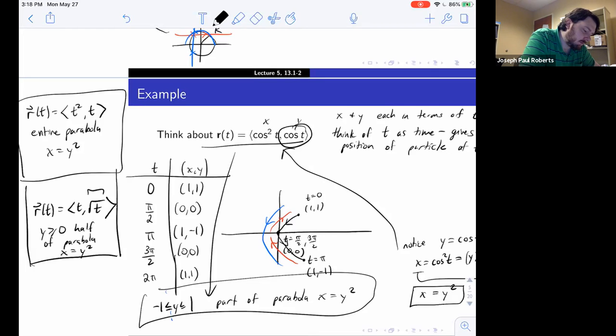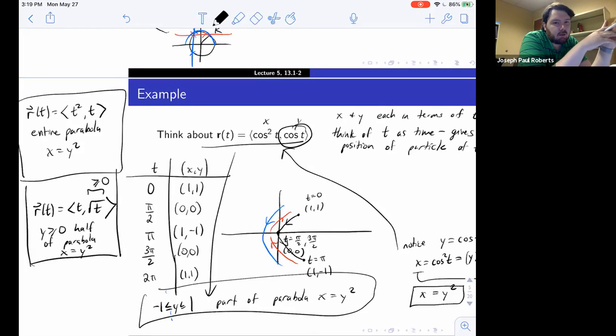Because the square root of t is always giving us the non-negative square root. And so this ties back to what I mentioned in recitation on Wednesday of last week, recitation 1 of week 2, that you can have different parametric equations that give you the same line. That's what I mentioned last week, but now we're just talking about curves.